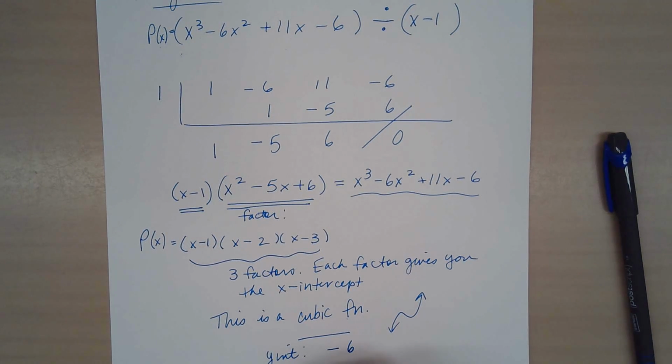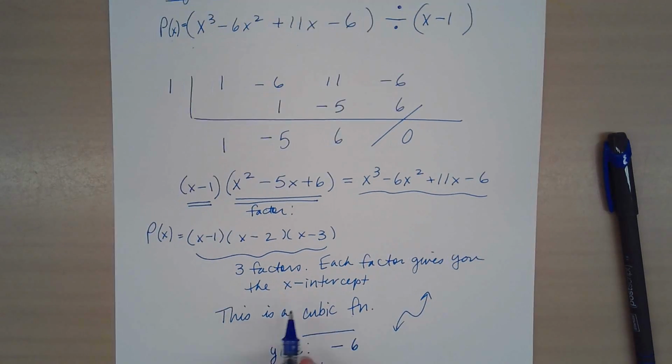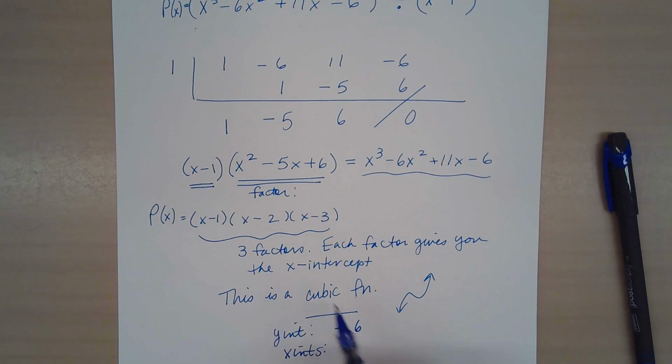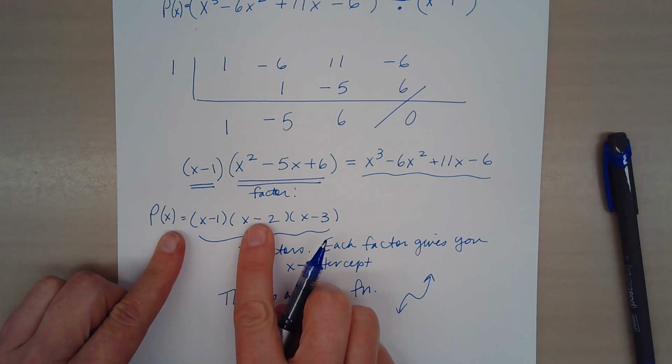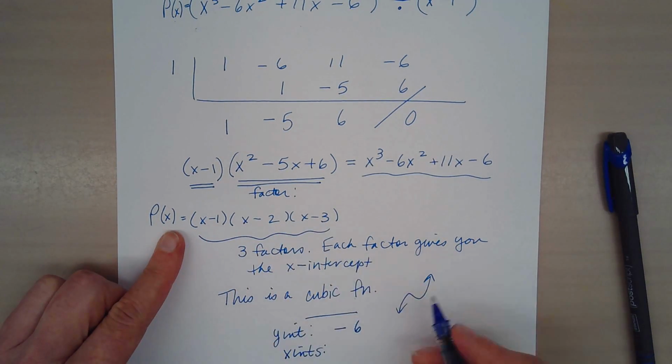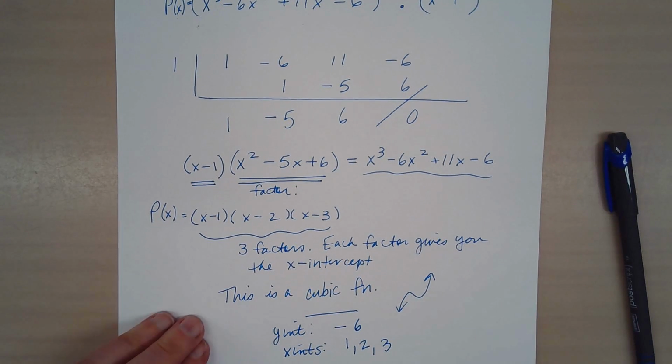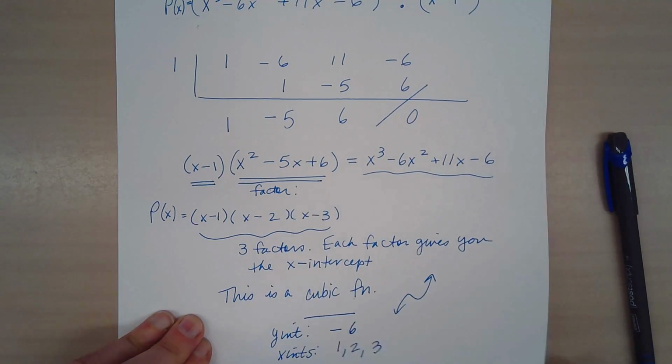What are the x-intercepts? Well, we just solved them. We used long division and factoring to solve them. So the x-intercepts are 1, 2, and 3, right? Okay, do you have enough?